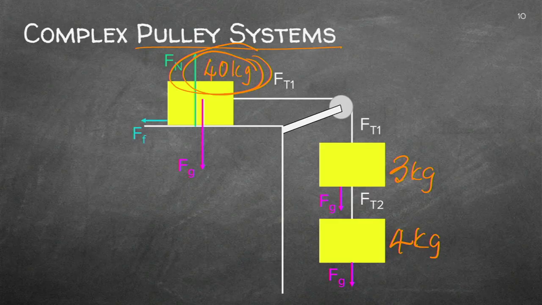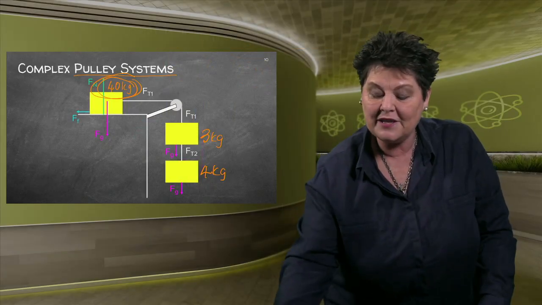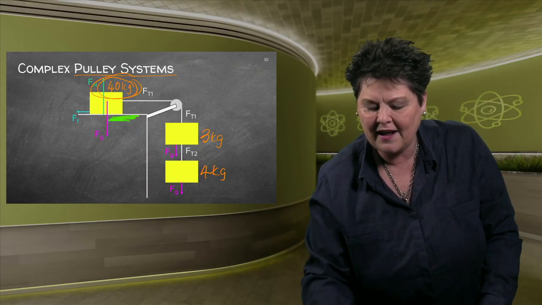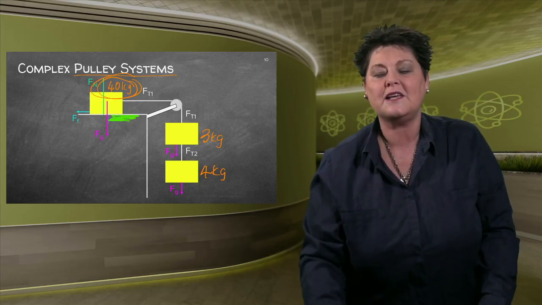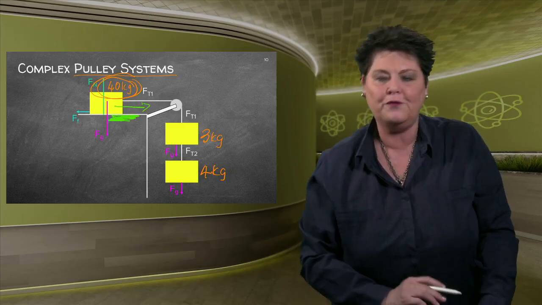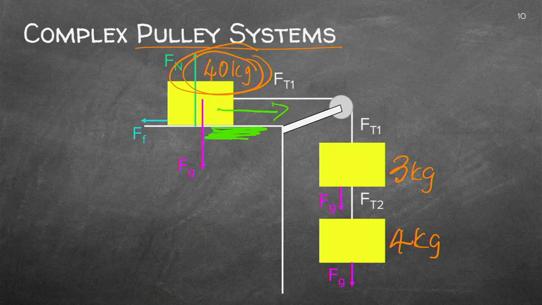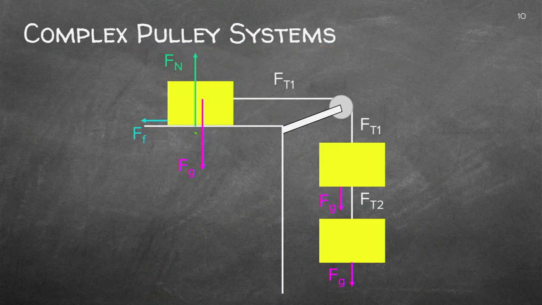But in all the cases that you are going to get, they will tell you it's frictionless. So there's no friction at that surface, which means it will indeed move that way. If we had friction, then the friction here would be equal to that, which means it won't move.